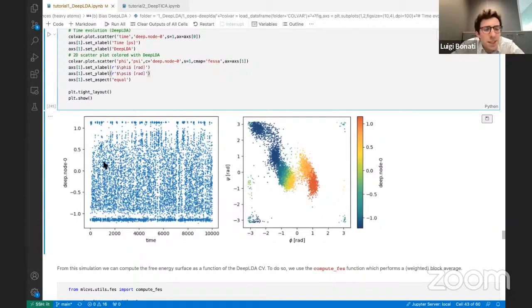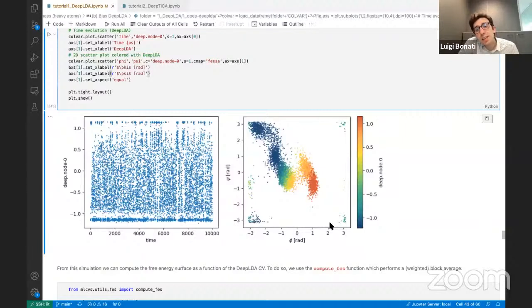Of course, this was not something which was granted at the beginning, because as you see, we started from a very suboptimal set of descriptors. Nevertheless, what we see is that this variable, which we already knew was very good at discriminating between the states, is actually able also to drive somehow the transition between the two.